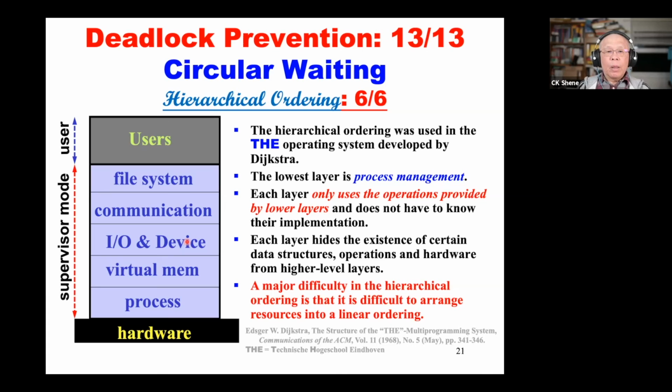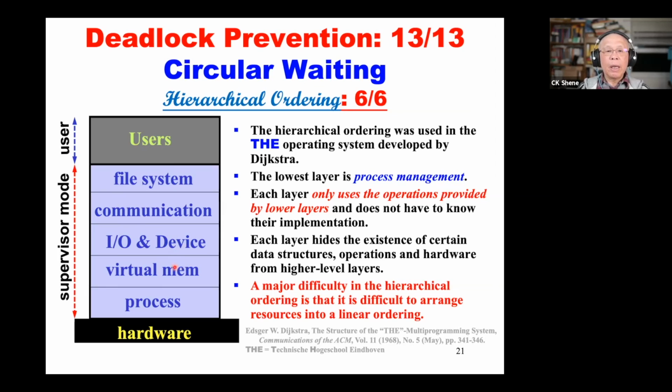Okay, the input output and device layer would carry out input output operations. For each device, you need a buffer. Then when you allocate a buffer, that is part of memory management. So the I/O device layer must ask the virtual memory layer to provide memory for the input output buffer.